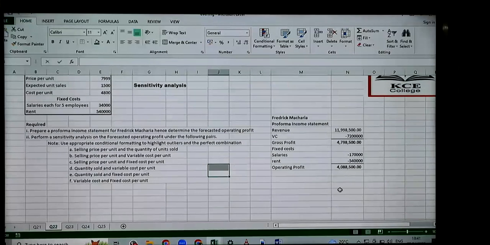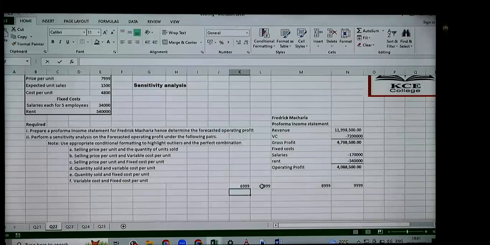On top here, we will place the selling price per unit, and you can see our selling price per unit was 7,999. For sensitivity analysis, you can start from 7,999, tab, 899, and it doesn't matter. The interval doesn't have to be the same.